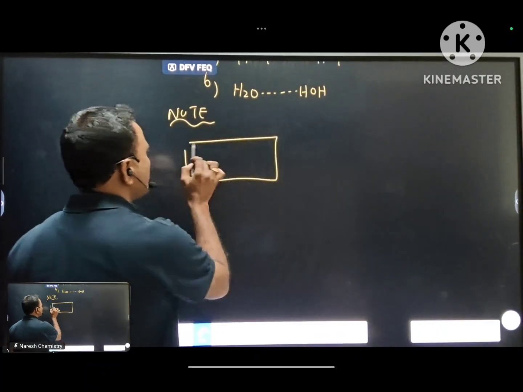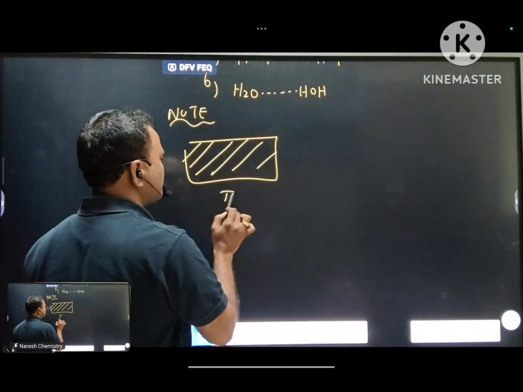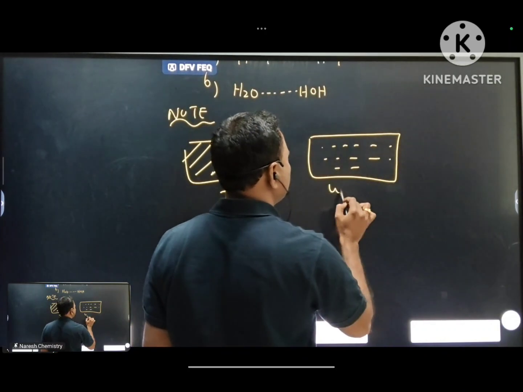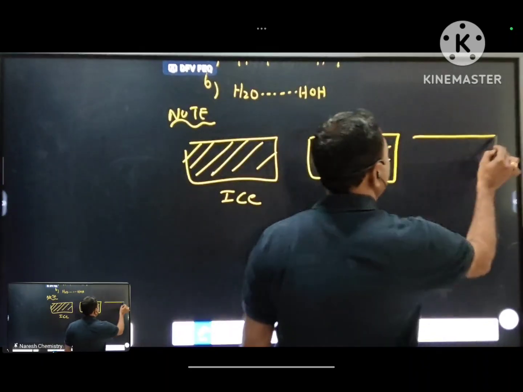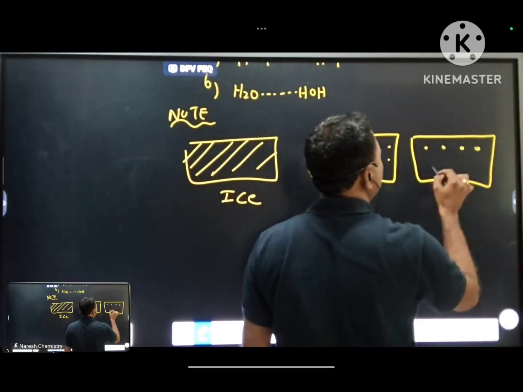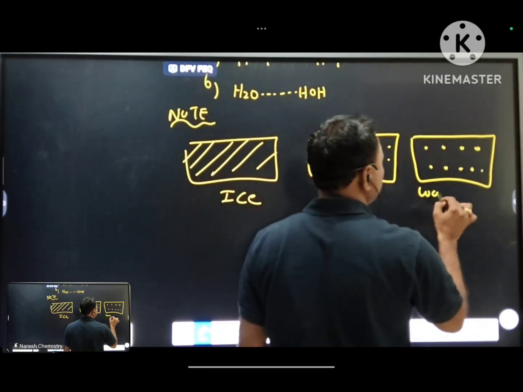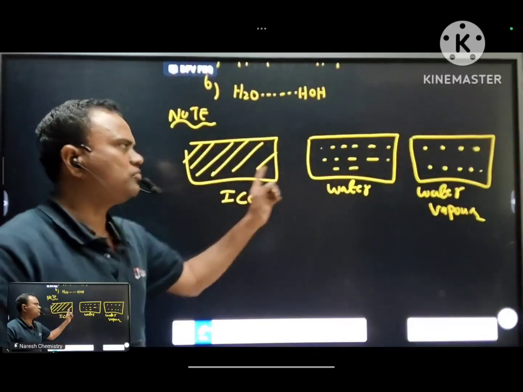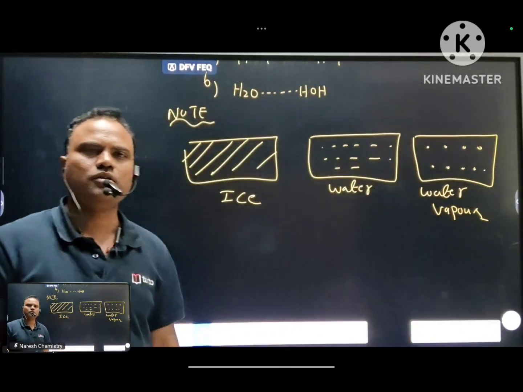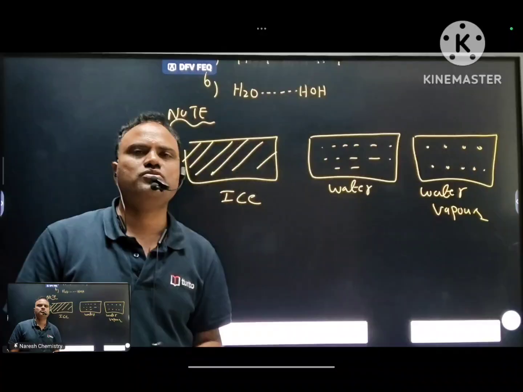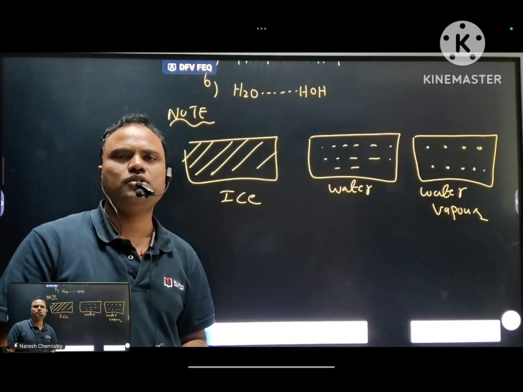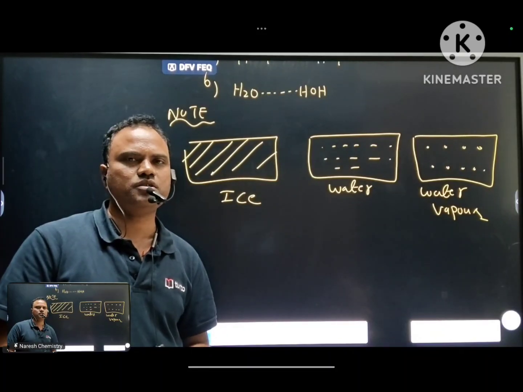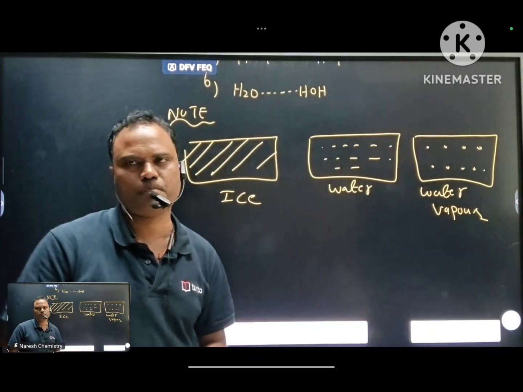You tell me: ice, water, and water vapor. The formula is the same, H2O. In which is a stronger hydrogen bonding present?